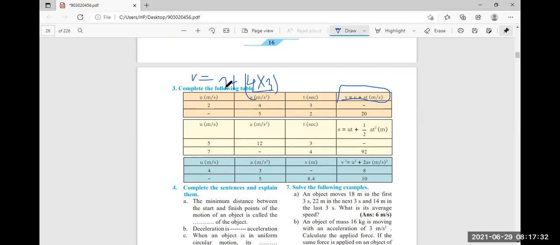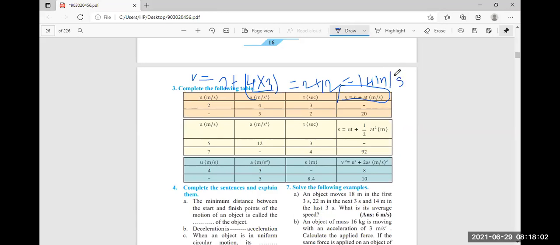Some students do this: 2 plus 4 then 6, 6 into 3. It will be wrong. So here 4 into 3 plus 2. So how much is it? 4 threes are 12, plus 2. So what will be the answer? 14 meter per second.